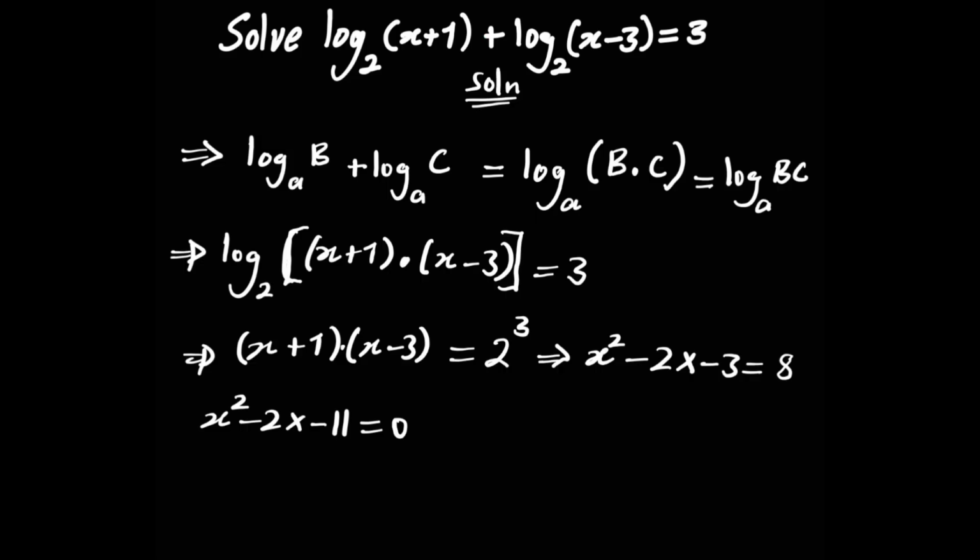Now that we have done the difficult part, we have a quadratic equation which is very easy to solve, and this quadratic equation is not factorizable. We cannot factorize it, so we have to go ahead and use the quadratic formula, that is x is equal to minus b plus or minus the square root of b squared minus 4ac, divided by 2a.